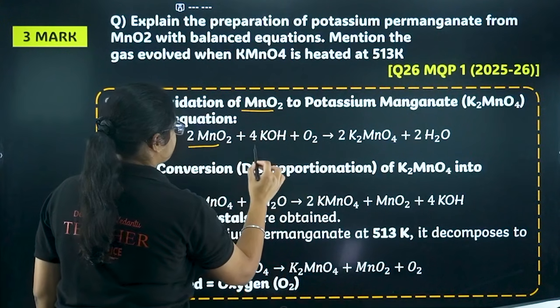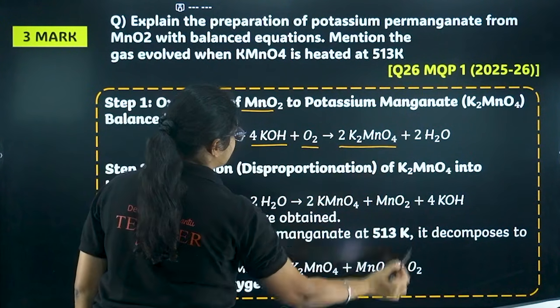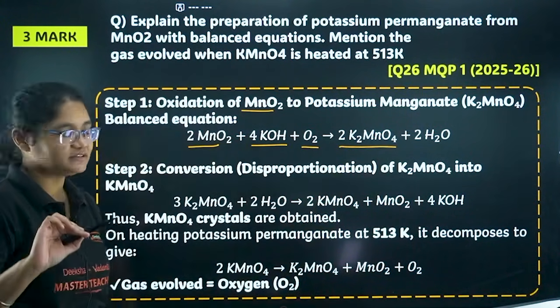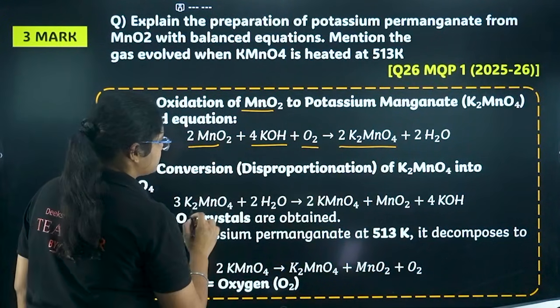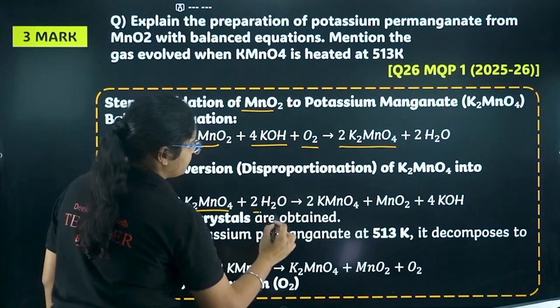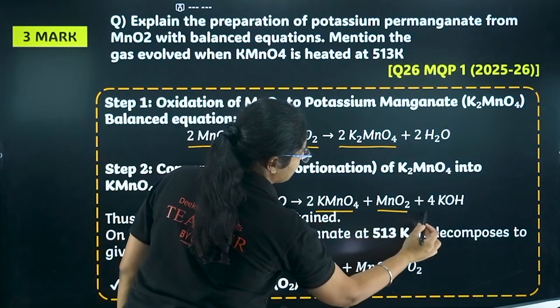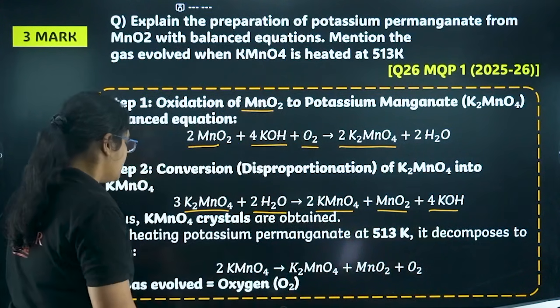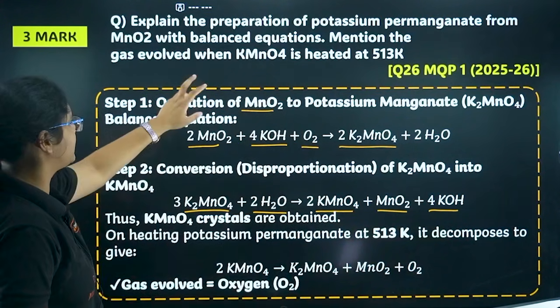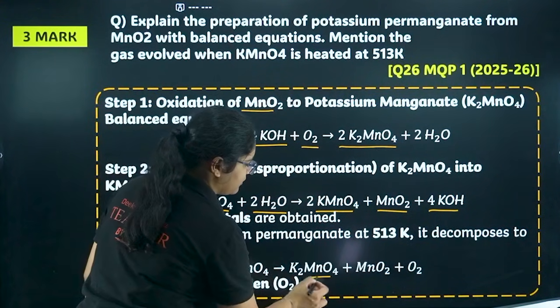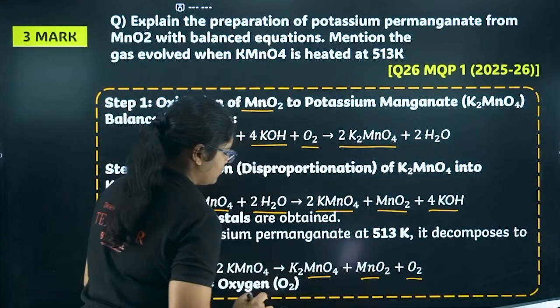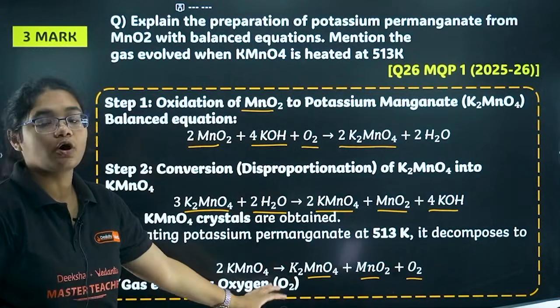So MnO2 with KOH and O2 gets converted to K2MnO4. That is oxidation of MnO2. Next, the second step is the disproportionation reaction. K2MnO4 with water gives you KMnO4, MnO2 and KOH. Right? Now the second question is on heating potassium permanganate, which gas is evolved? When you heat this, you get K2MnO4 plus MnO2 plus O2. So the gas evolved is oxygen.